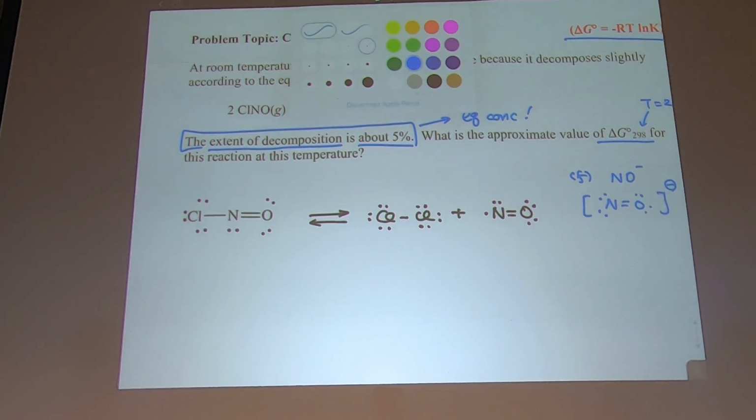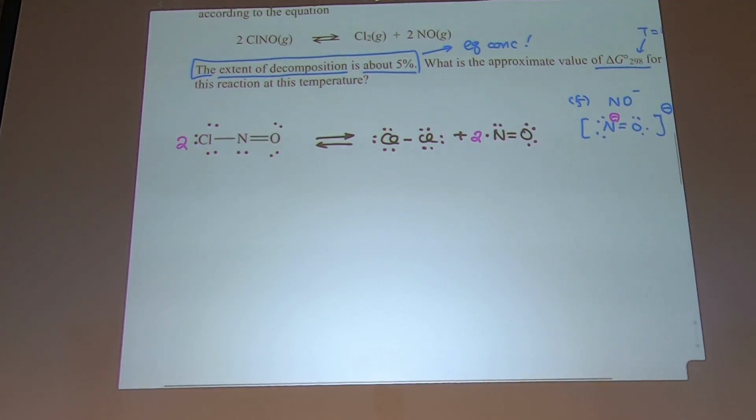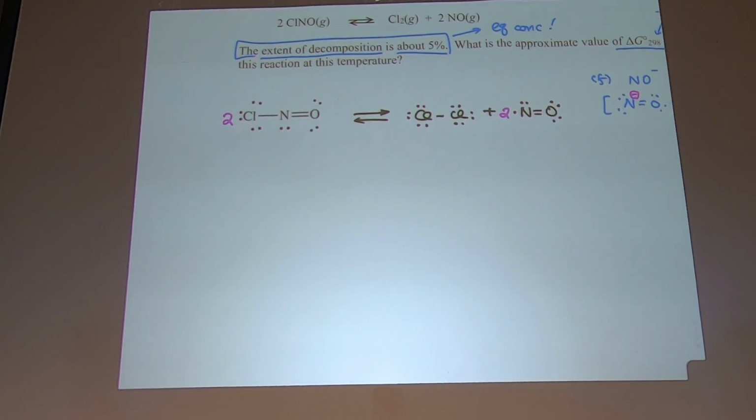The formal charge is right on the nitrogen because they have an extra electron on the nitrogen. That's the way it is written. Stoichiometry-wise, this is the way it is written. So that's a little recap on your Lewis structure.